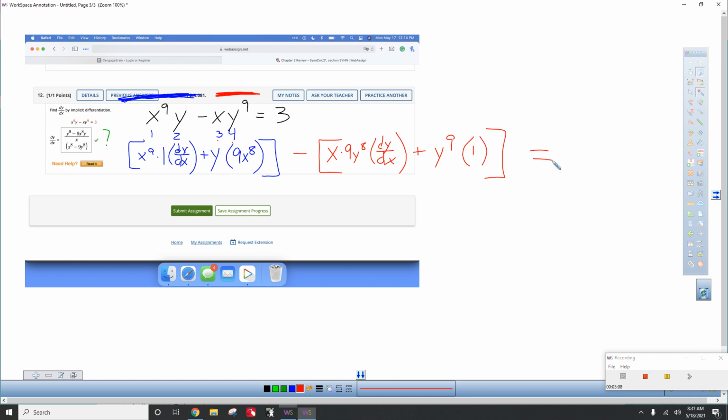And we still have an equal sign, and the derivative of 3 with respect to x is 0, so that kind of makes it a little nicer. So what do we have here? I'll just clean it up, because we've got some things to distribute.